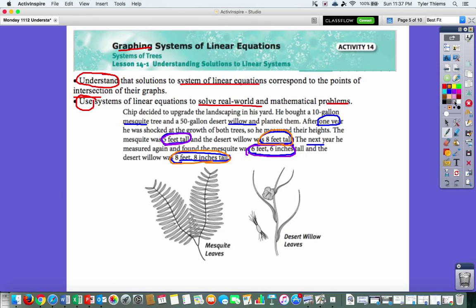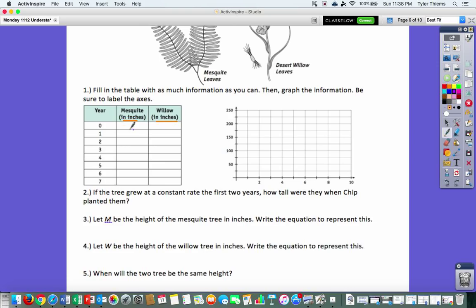So at year 1, the mesquite tree was 5 feet tall. We know that in 1 foot there are 12 inches, so it's going to be 12 times 5. That's 60. So after year 1, the mesquite tree was 60 total inches.